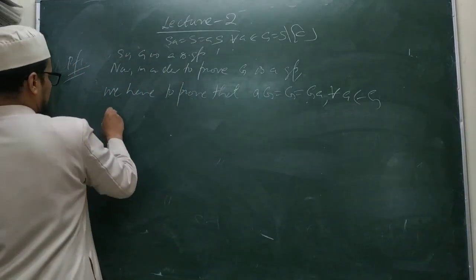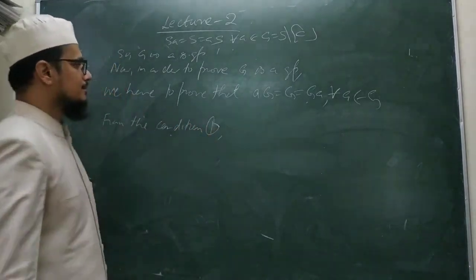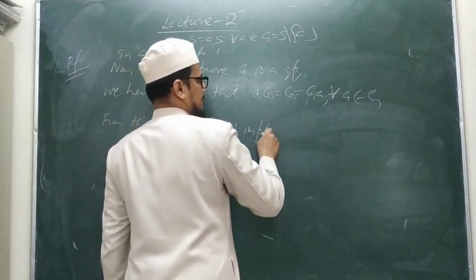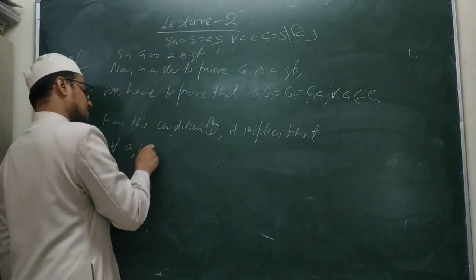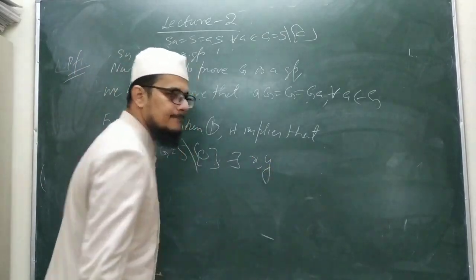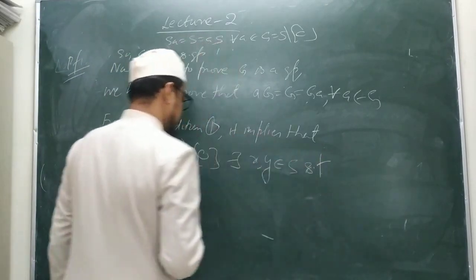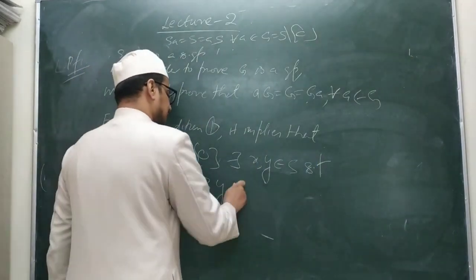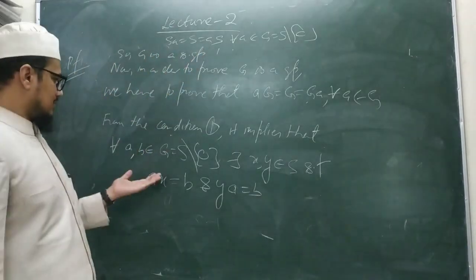And now see from condition 1, it implies that for every A, B belongs to G, S minus 0, there exists X, Y belonging to S such that AX is equal to B and YA is equal to B. See, from this condition, it implies this or not?